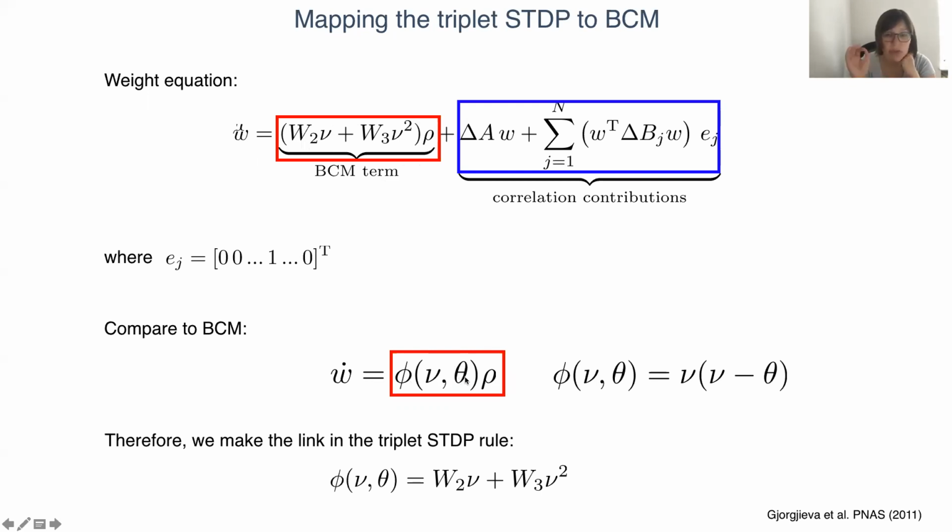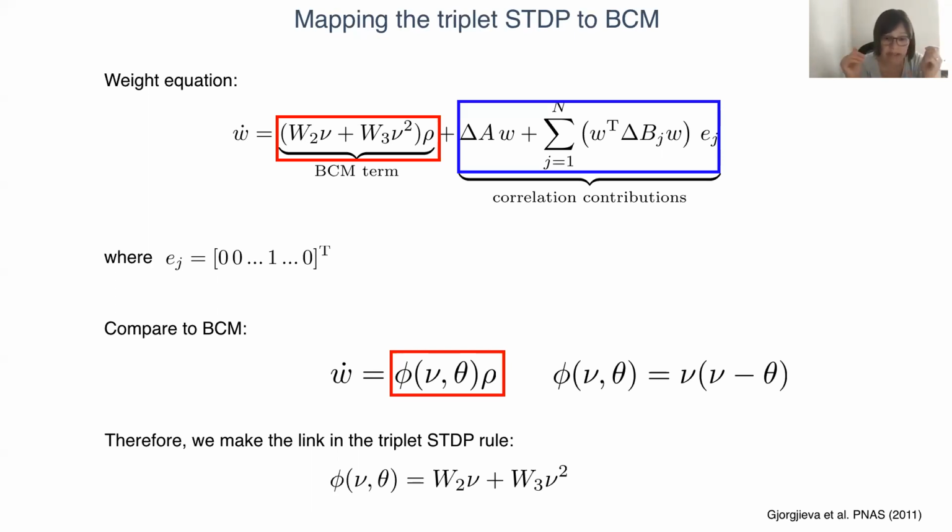But this triplet rule can do even more than the BCM rule. Now, the BCM rule was purely rate-based. It means that it only cares about firing rates, changes in firing rates, to evoke potentiation or depression. But the triplet rule is a spike-based rule. Of course, using spikes, you can get to firing rates because you just count numbers of spikes in a given time window, and that gives you the rate.